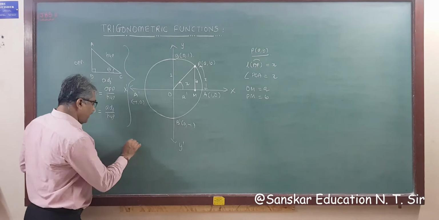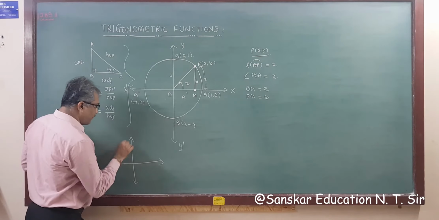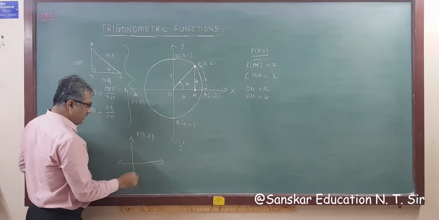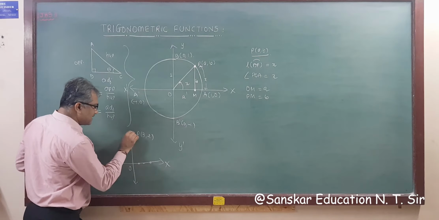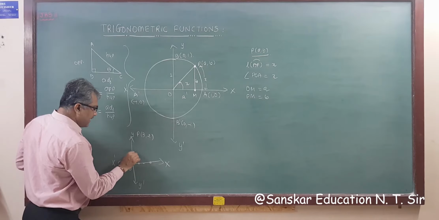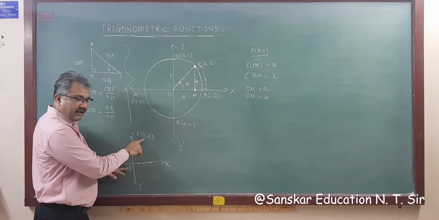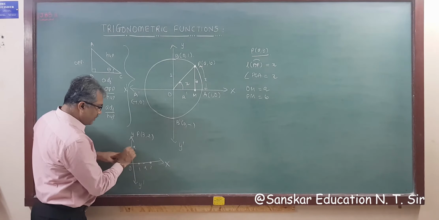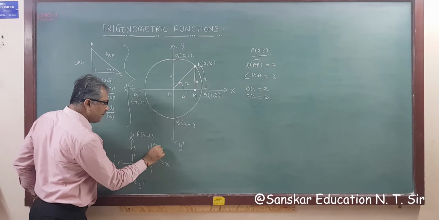As you know, if you represent a point (3, 2), suppose point P (3, 2), on graph paper, then this is 1, 2, 3, this is the origin, this is the x-axis, this is the y-axis, and this is 1, 2. Then what we do? Considering 3, so 1, 2, 3 here and 2 here. The intersection of these two is point P (3, 2).